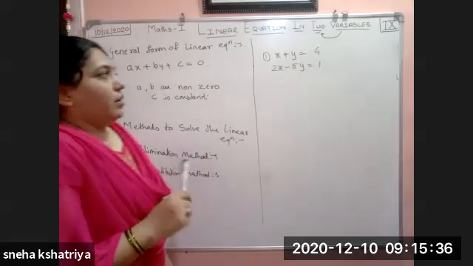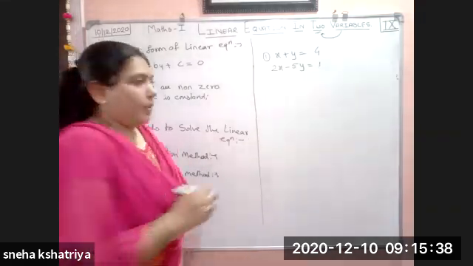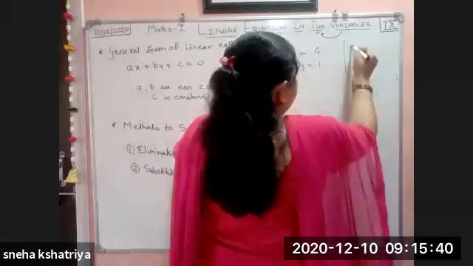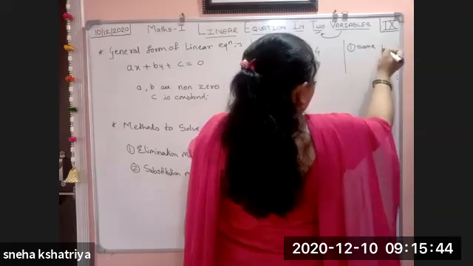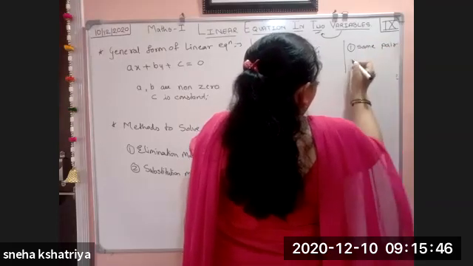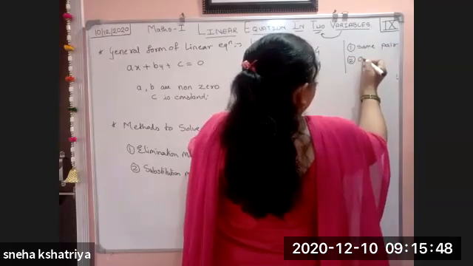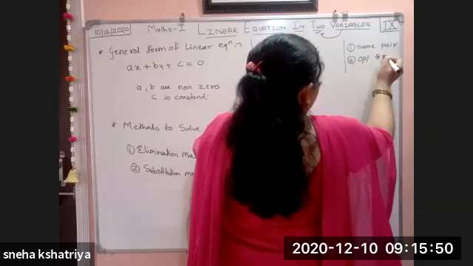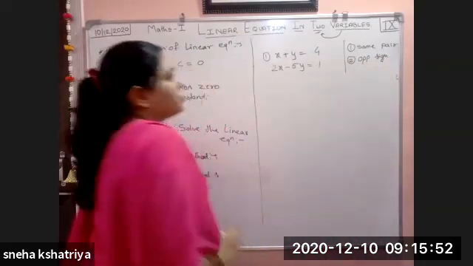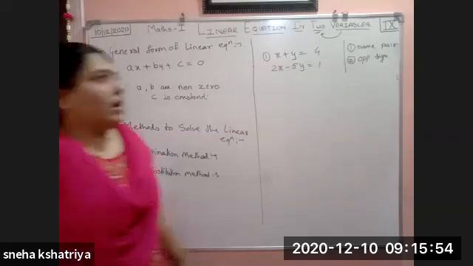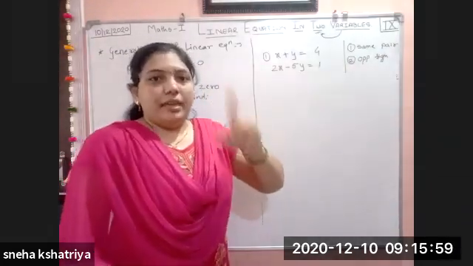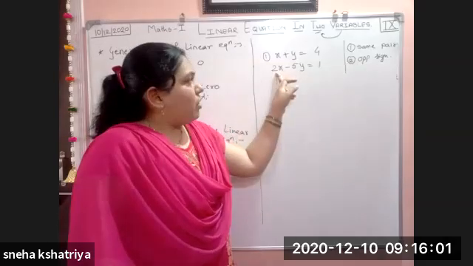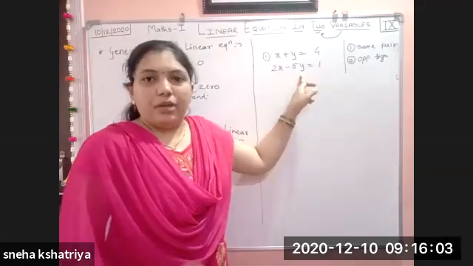So first, two things you have to remember here: first, same pair, and second, opposite sign. You have to make any one pair same, either of x or of y, whatever you want.